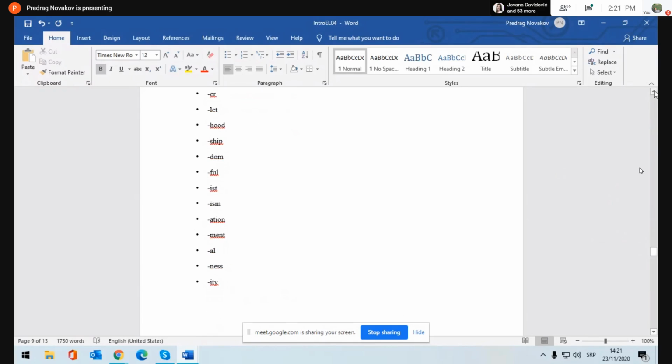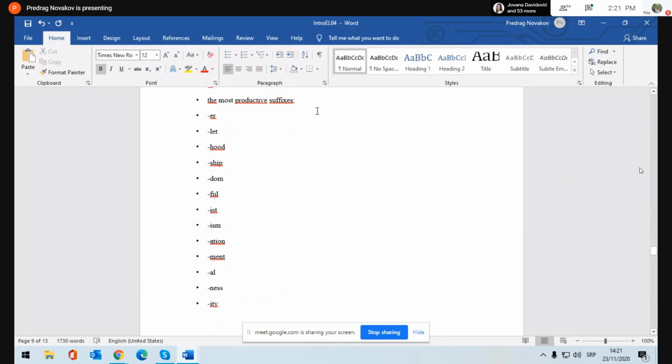ER. Now, perhaps we need a comment for ER. You remember we had a suffix in nice, nicer. This is not the same ER. With nicer, it's inflectional. Where do we get this ER? Derivational. In which word, for example? This ER usually means the doer, the agent, like write, writer.